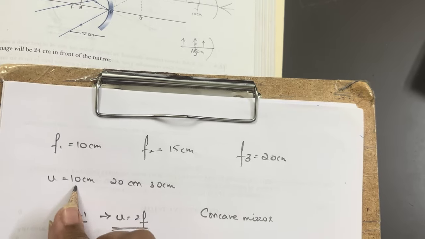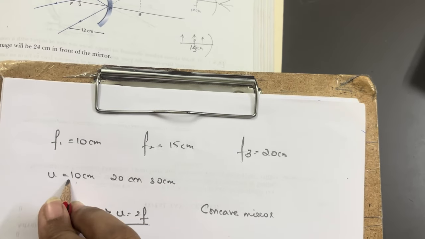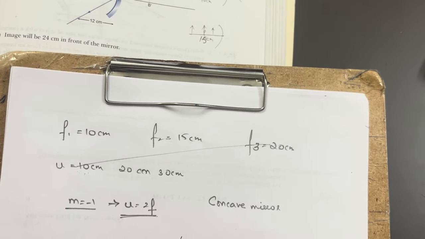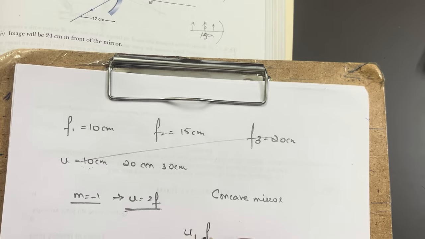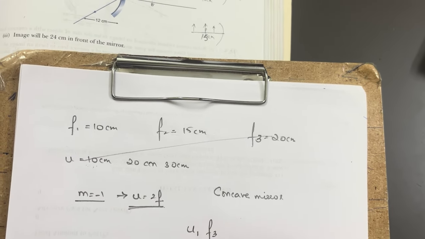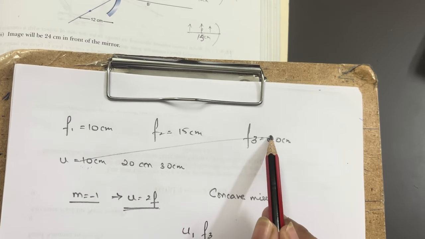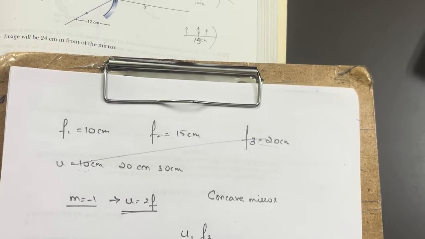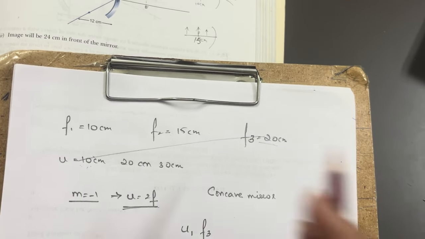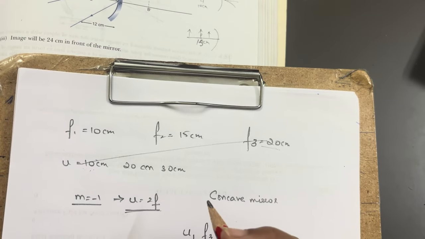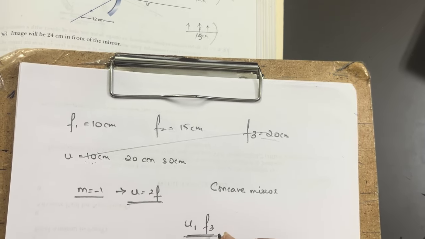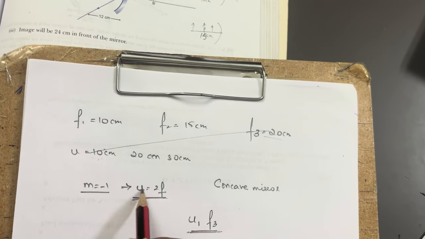If the object distance is 10, the focal length should be half of it. So in this experiment you can see u1 with the focal length of mirror 3 you can get it, because u is equal to 2 times f. This is the only condition where you're going to get this. Okay, u should be equal to 2f.